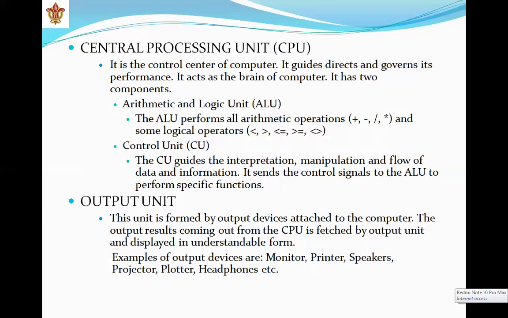That means an output device or output unit is any piece of computer hardware equipment which converts information into a human perceptible form or into a physical machine readable form for use with other non-computerized equipment. It can be text, graphic, audio or video. Examples of output devices are monitor, printer, speaker, projector, plotter, headphone, etc.